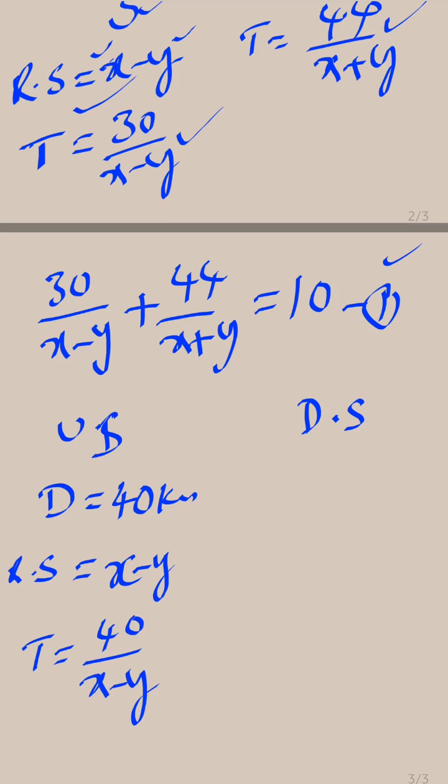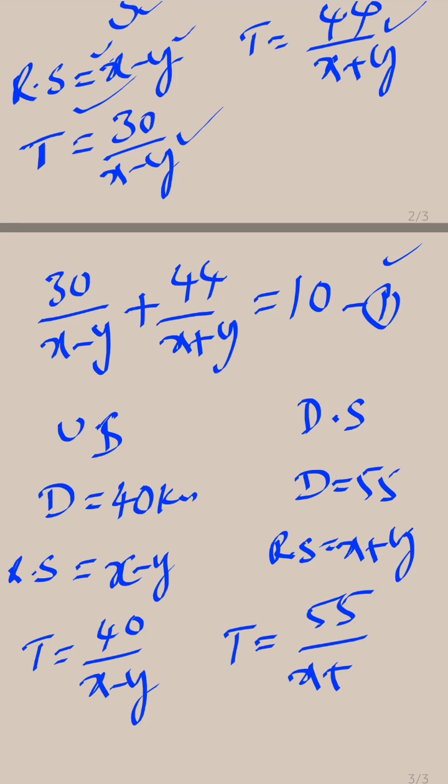And again for downstream, the distance is 55 kilometers, and the relative speed for downstream, as I said, is x plus y, add their speeds. Now the time taken for downstream is 55 by x plus y. So we got both the times, upstream and downstream.